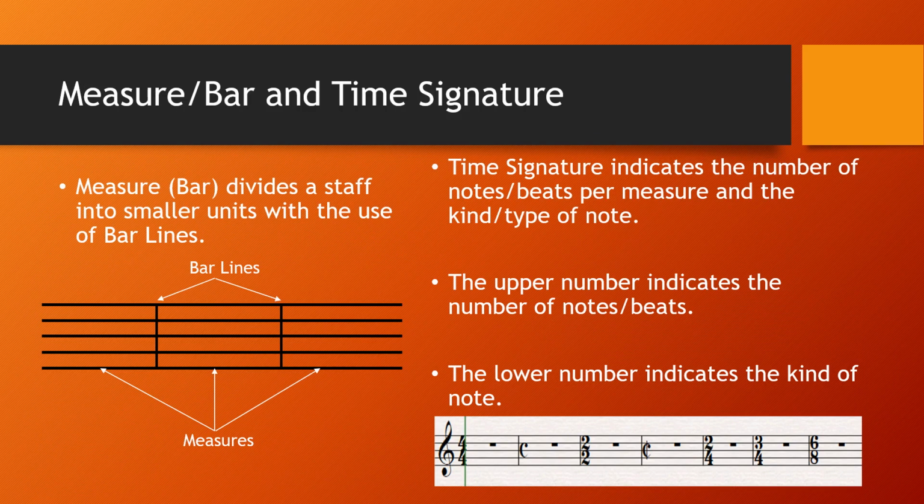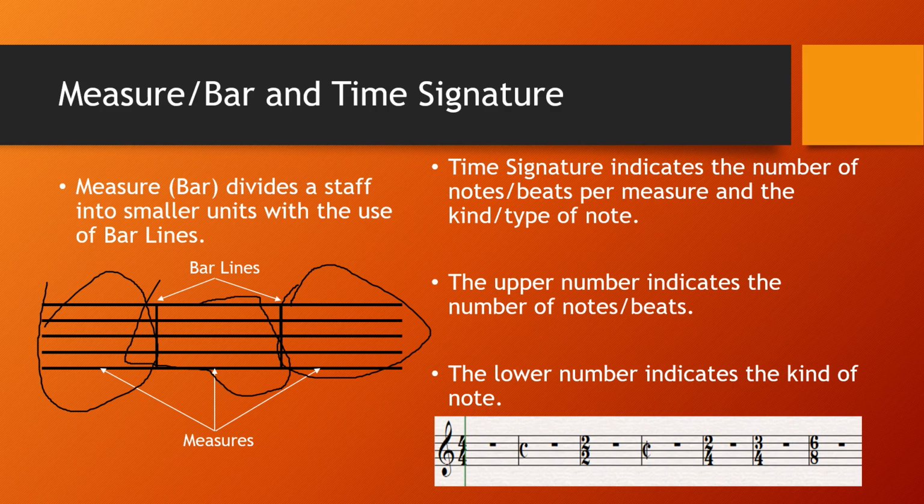Measure or bar and time signature. A measure divides a staff into smaller units with the use of bar lines. As indicated, this is a measure, this is another measure, this is another measure, or you can call them bar or bars.